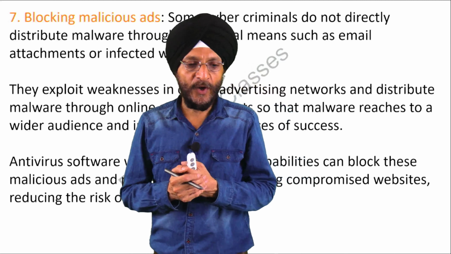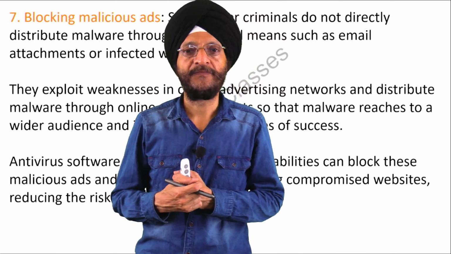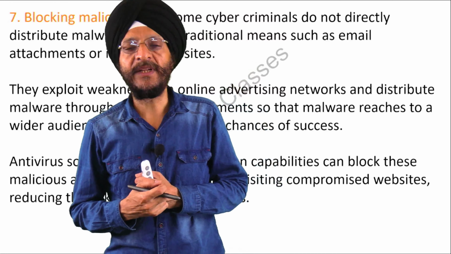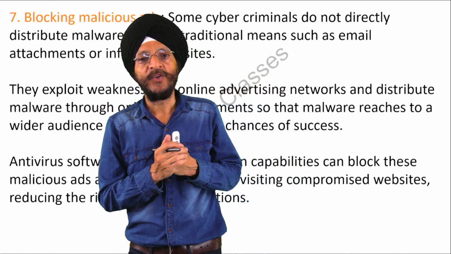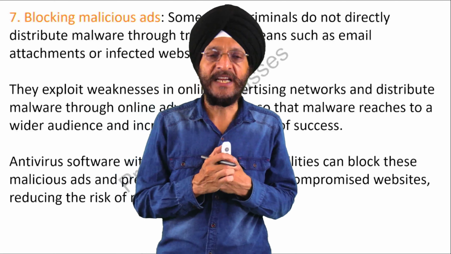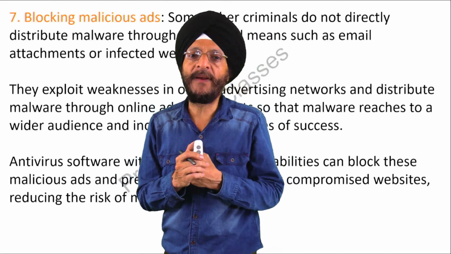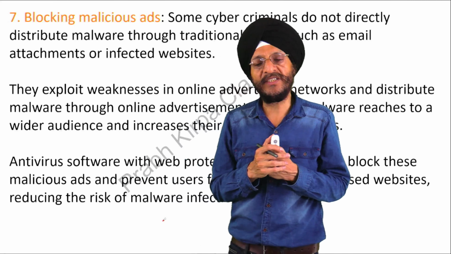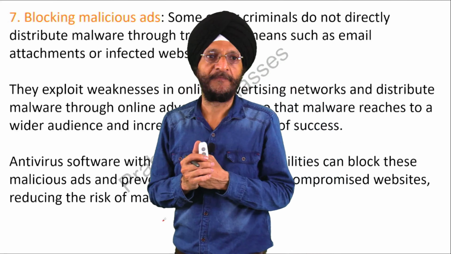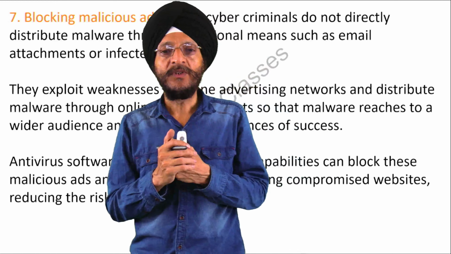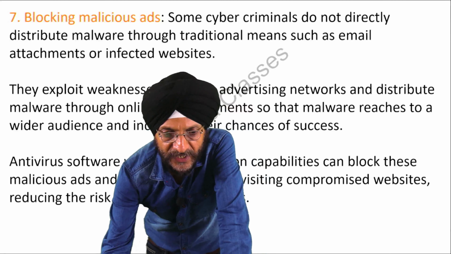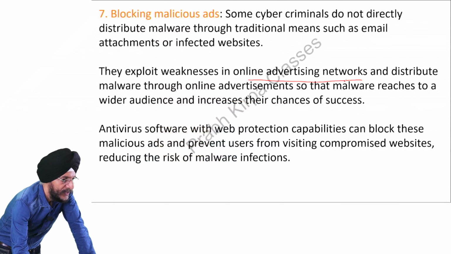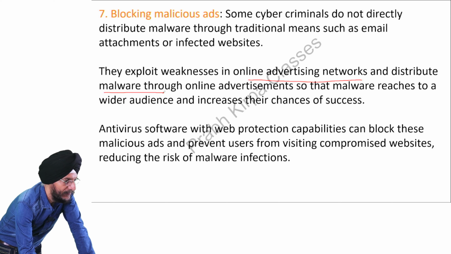Next is blocking malicious ads. Some cyber criminals do not directly use email attachments or infected websites to launch their cyber attacks. What do they do? They exploit weaknesses in the online advertising networks and distribute malware through online advertisements.